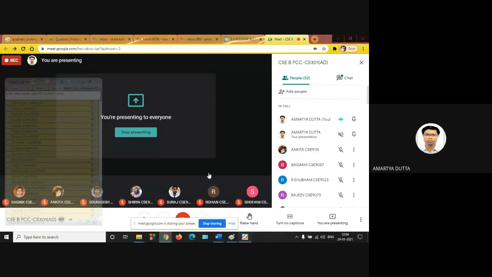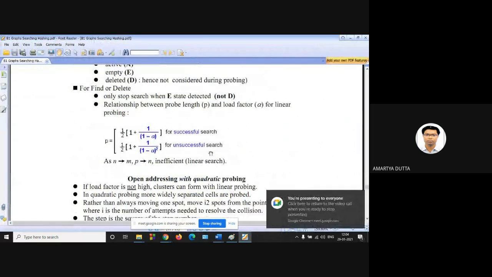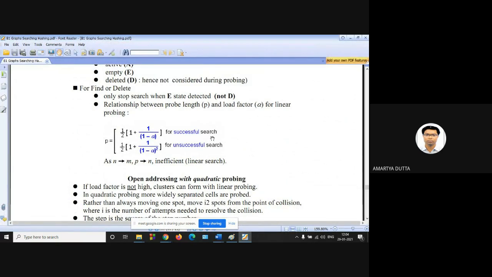Now double hashing. This is the formula for successful search, the relationship between probe length and the load factor. What is load factor?